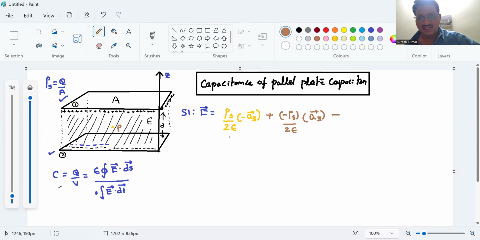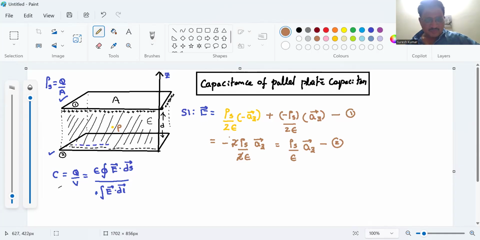This is equation 1. Now, both are combined, that is minus 2 times rho s by 2 epsilon az bar, and the 2 gets cancelled. We are left with rho s by epsilon az bar. This is equation 2.